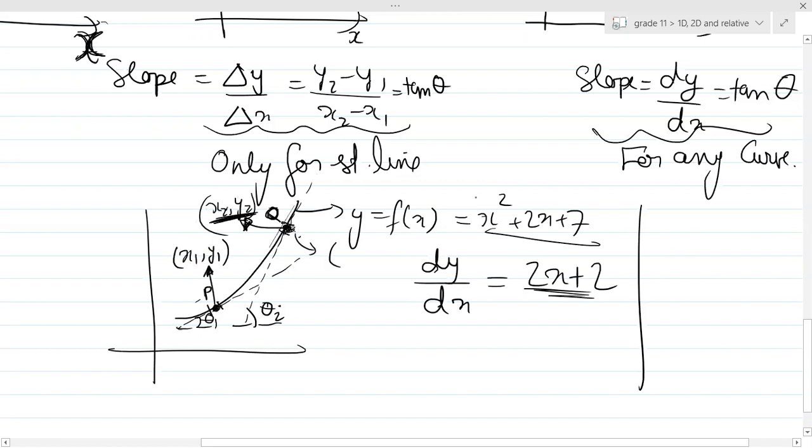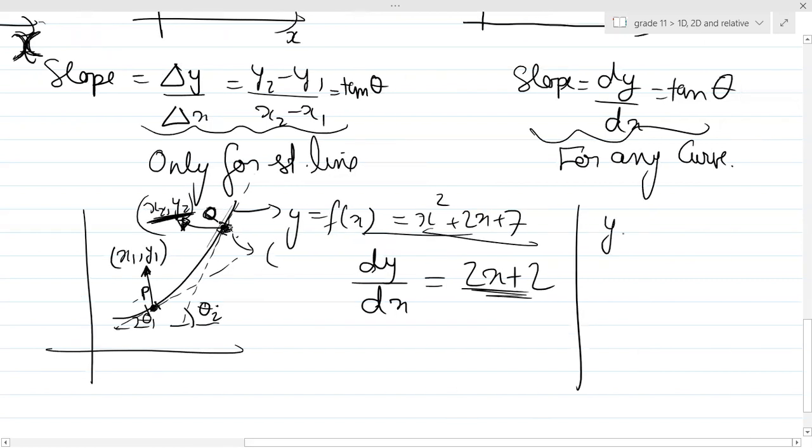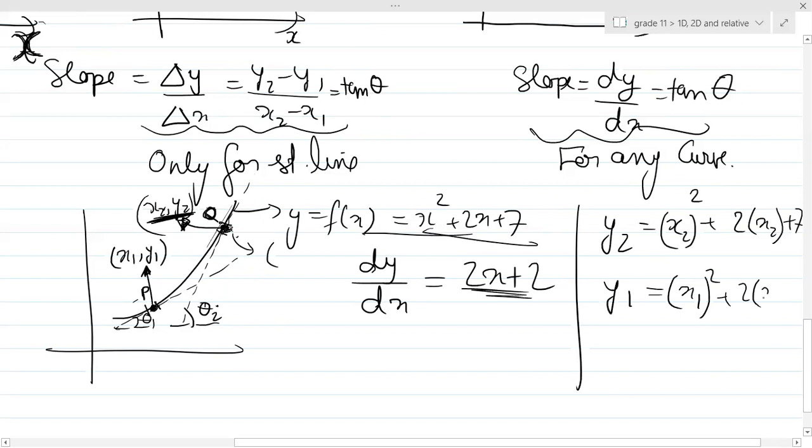Yes. So this point will satisfy this equation, so I can write y2 is equal to x2 square plus twice of x2 plus 7, and similarly y1 and x1 are also lined up, so y1 is equal to x1 square plus twice of x1 plus 7.